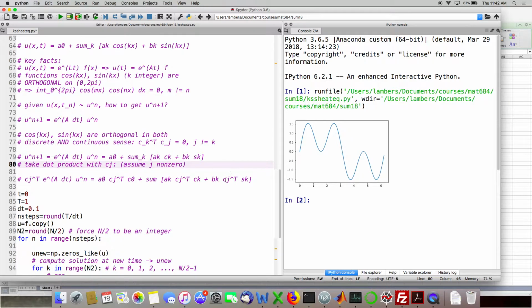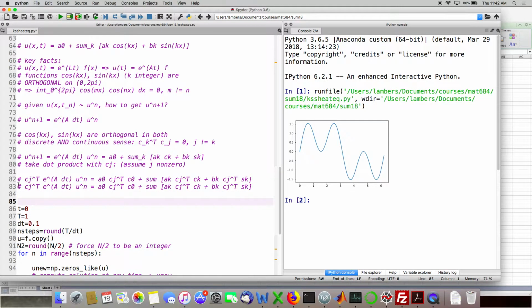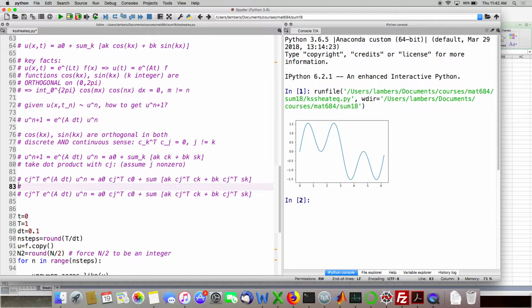It's also orthogonal to all of the sine vectors. Any cosines are orthogonal to all the sines. So I can simplify this quite a bit. So this term would go away, and this would go away too.